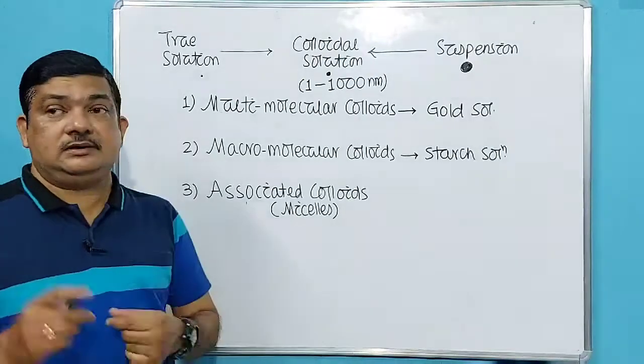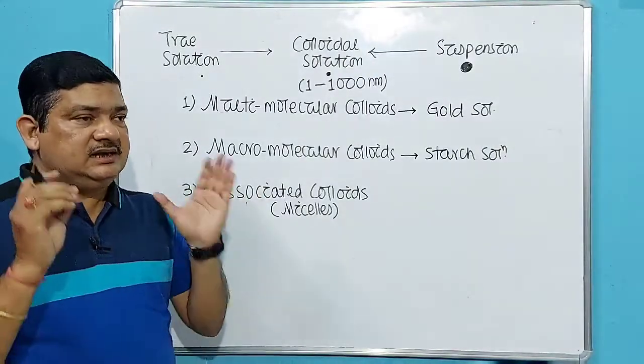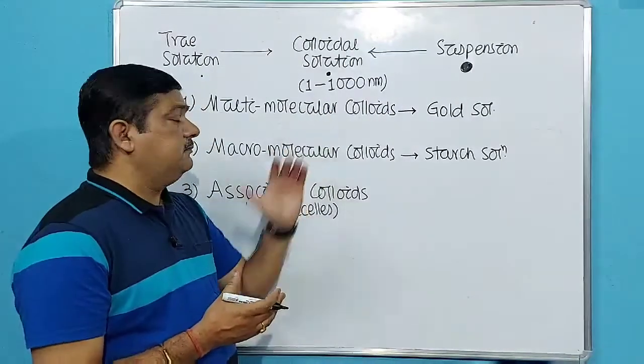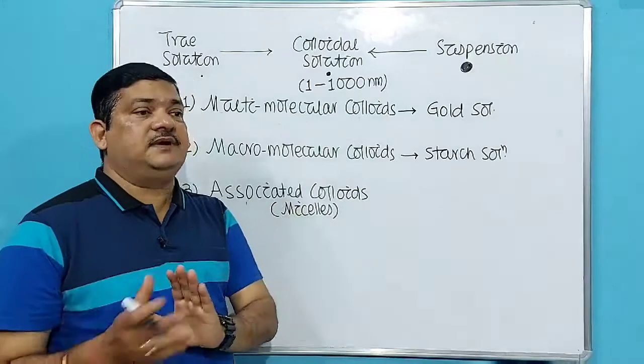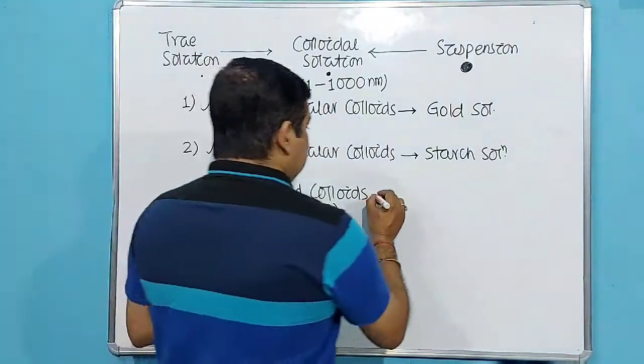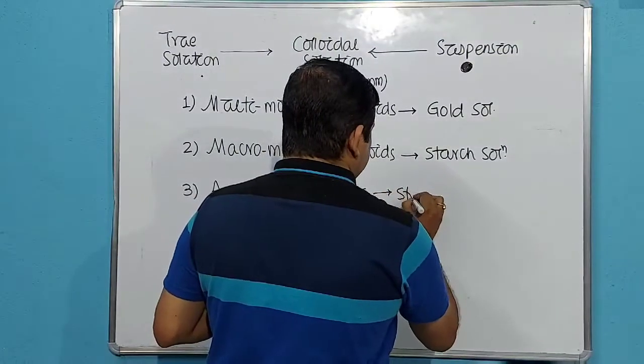Okay. Then associated colloids. Associated colloids have the same formula as multimolecular colloids, but they are different. How? Now mostly these are strong electrolytes. These are strong electrolytes.